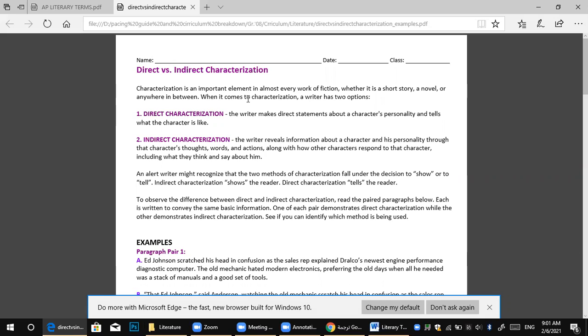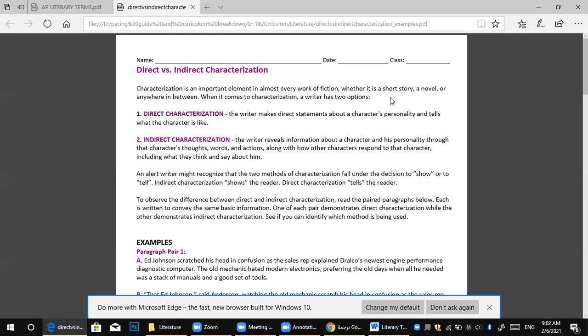When it comes to characterization, a writer has two options. So he tells you that characterization is really important and is found in any form of literature.